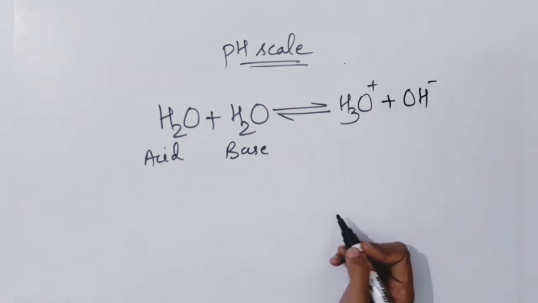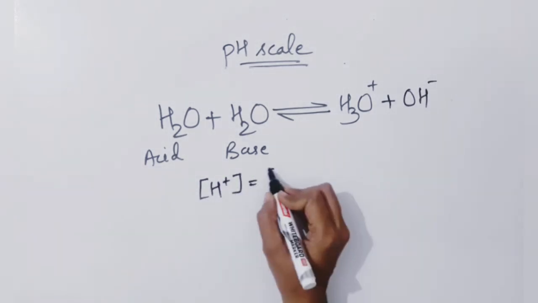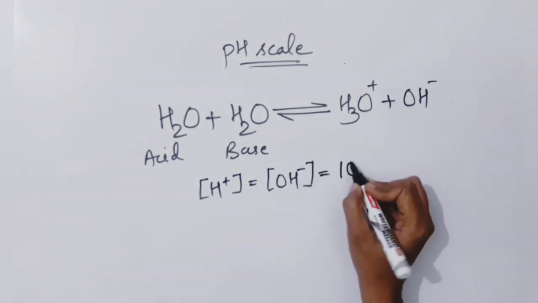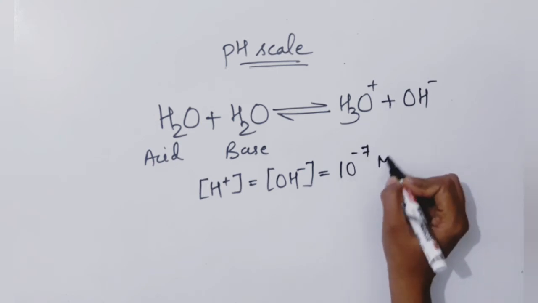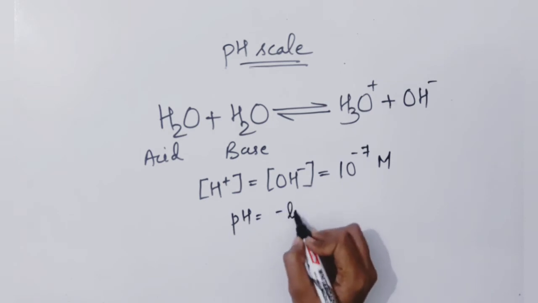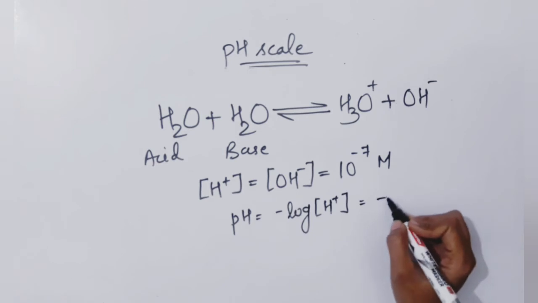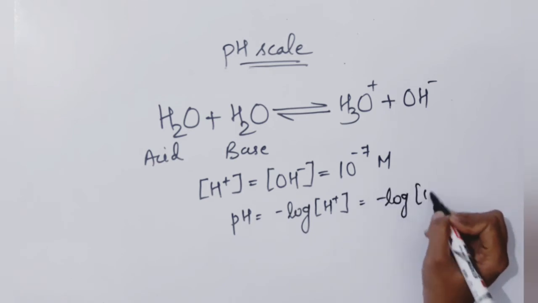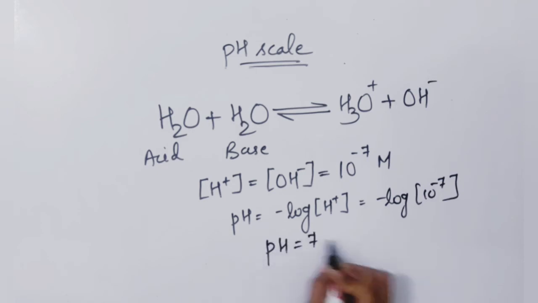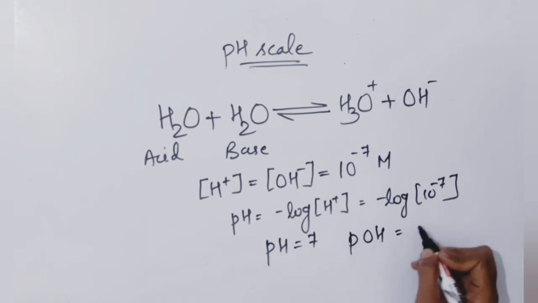So H3O plus and OH minus, the concentrations of H plus ion and OH minus are numerically equal, and experimentally it is found to be 10 to the power minus 7 M. So calculating the pH, minus log of H plus is equal to minus log of 10 to the power minus 7, and this will be equal to 7. So the pH is equal to 7. Similarly, pOH will also be equal to 7.